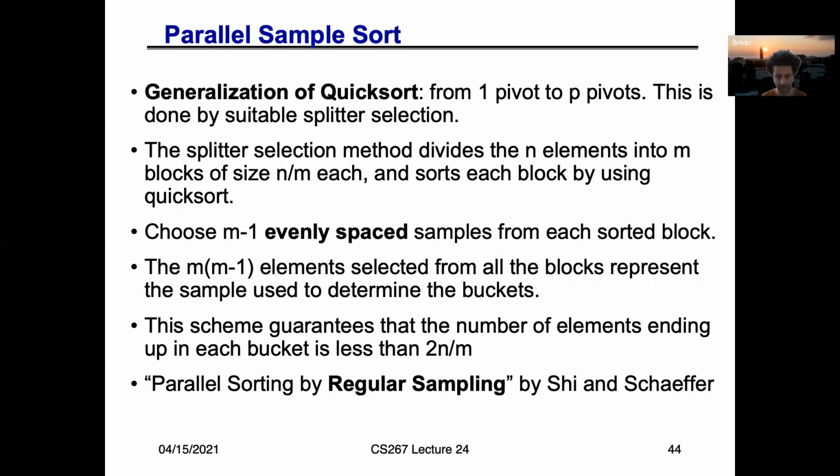There's no randomness here in the sense that we are basically choosing equally spaced elements. And it's going to be obvious with the next picture. And the scheme will guarantee that the number of elements ending up in each quote unquote bucket is no worse load imbalance than by a factor of 2. And asymptotically, a factor of 2 is just fine to prove things.